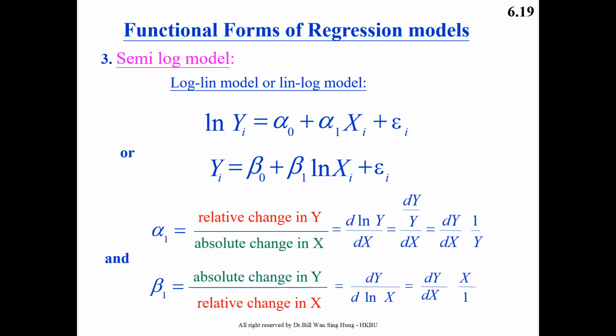Here, alpha 1, if you take the derivative of log of y with respect to x, then alpha 1 is relative change in y divided by absolute change in x. Similarly, beta 1 is equal to absolute change in y divided by relative change in x. So this is dy divided by d log of x, and that will be equal to dy over dx times x divided by 1.